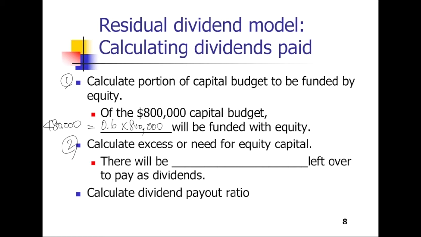So it is the net income, this amount, subtract the required equity to support the project, then get this number. $120,000 left over to pay as dividend.